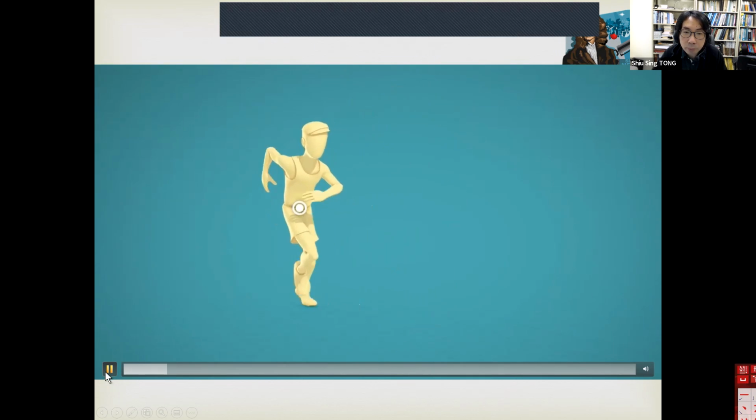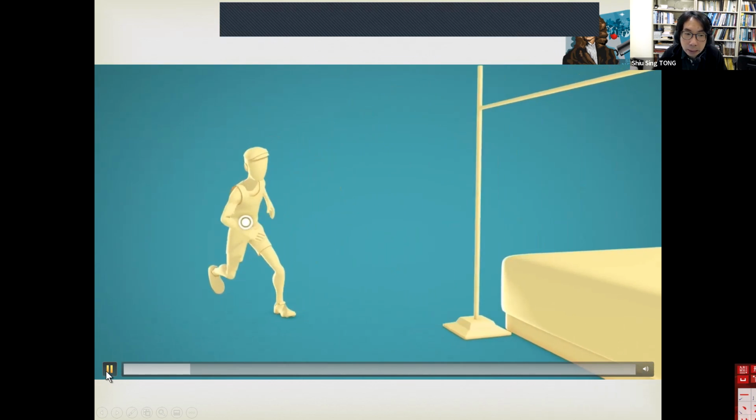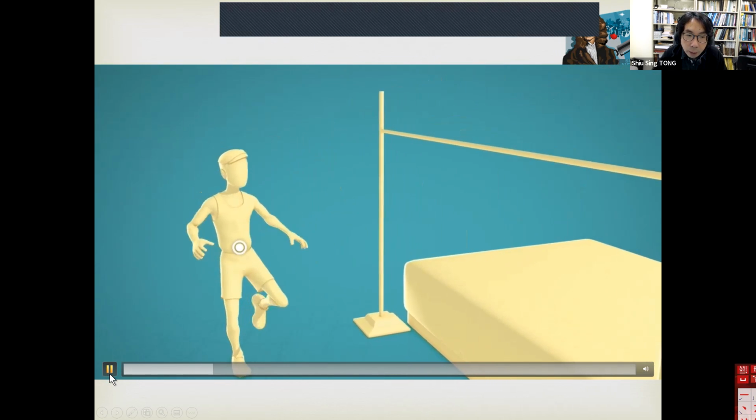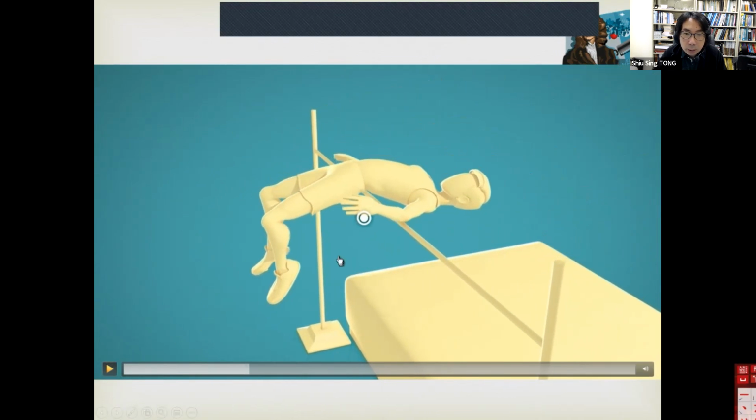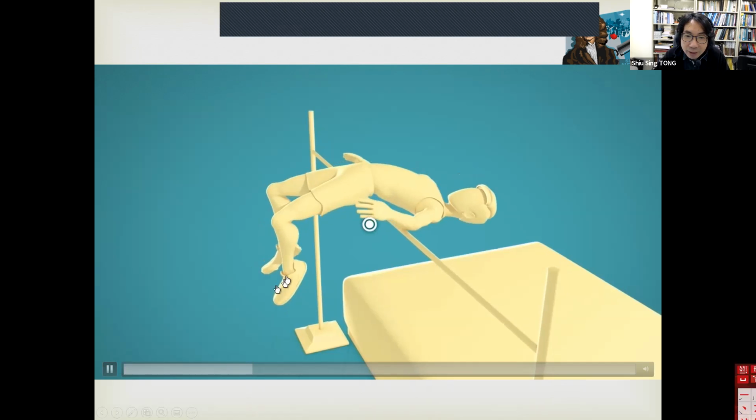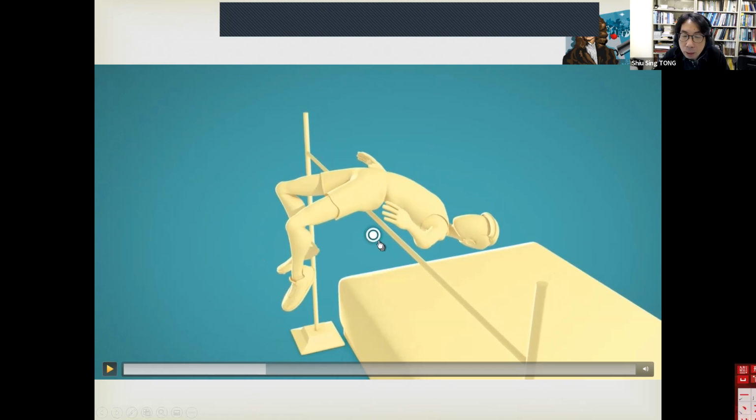Now, this is a jump before Fosbury. When he jumped, now this is a back jump. When they do the back jump, Fosbury bent his body such that when he passes the pole, the position of the center of mass is below the pole.